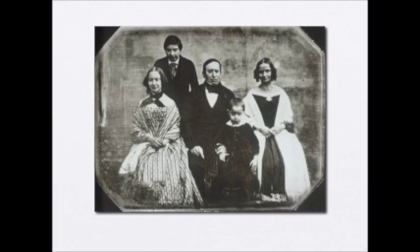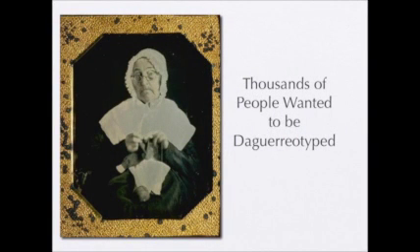A floodgate opened of people who were really interested in having their portraits made, because there had been this pent-up desire of people wanting pictures of themselves and their loved ones, but there was no real way to make that happen. So thousands of people wanted to be daguerreotyped.